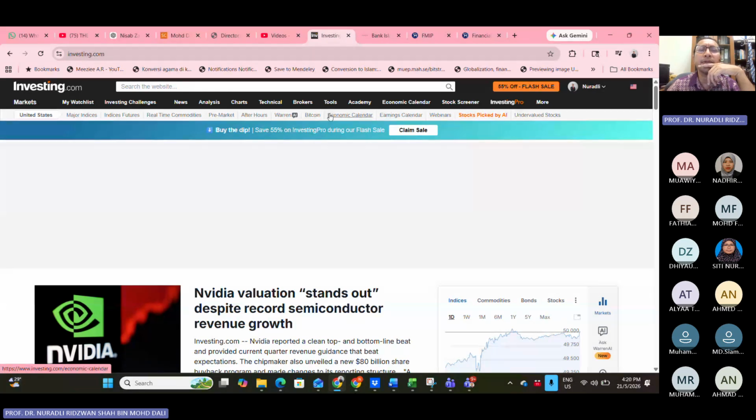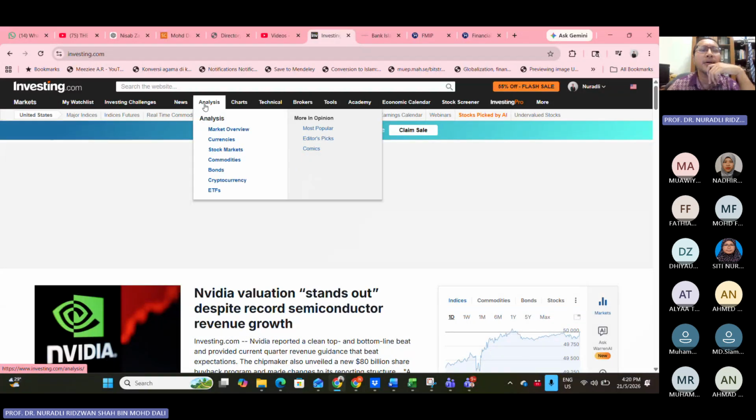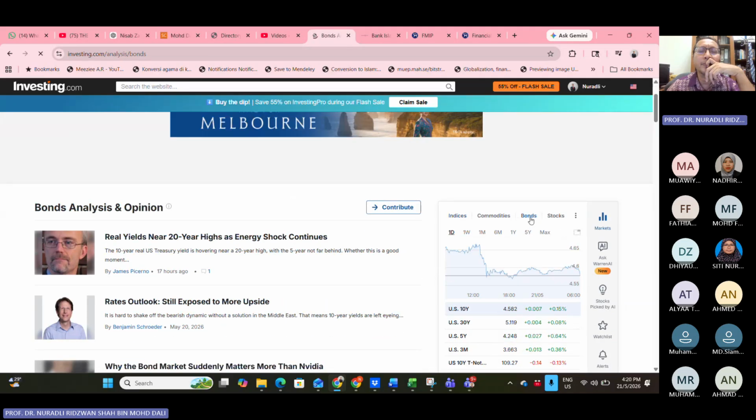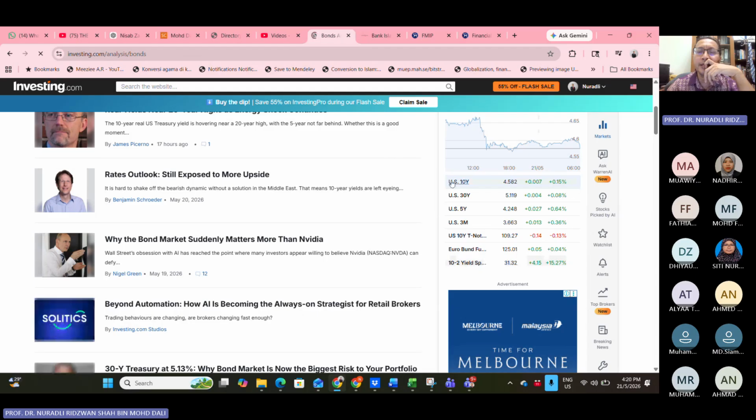You can see where the bonds are: US 10-year, US 30-year, US 5-year, US 3-month, Treasury notes, Euro bond futures, 10 to 2 year.